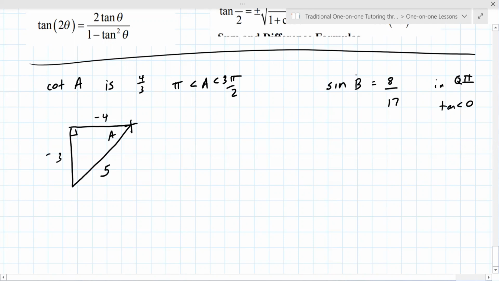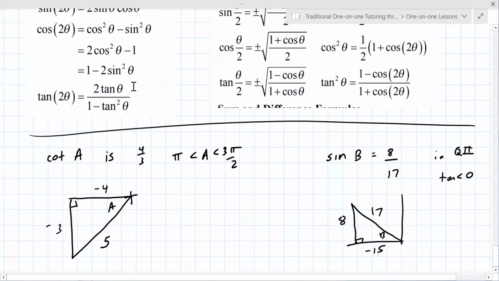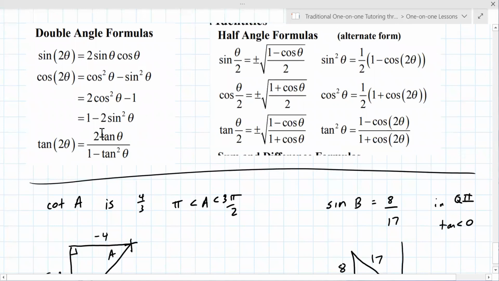But in quadrant 2, the triangle looks like this. That's B. That's 8. That's 17. This is -15. So once you get the triangles, and I've chosen nice ones, but you may not get nice ones.